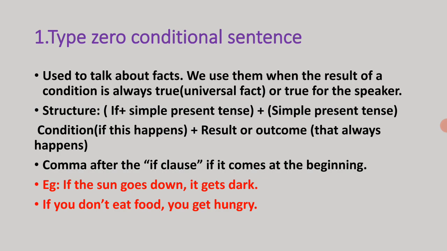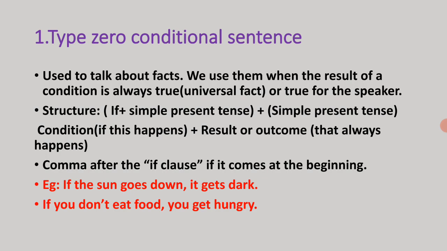And while talking about the structure of such sentences, the if clause will contain if plus simple present tense and the next part of the sentence will also be simple present tense. That is the condition or the if clause is if this happens plus the result or outcome of the sentence that always happens, that will be the universal fact.